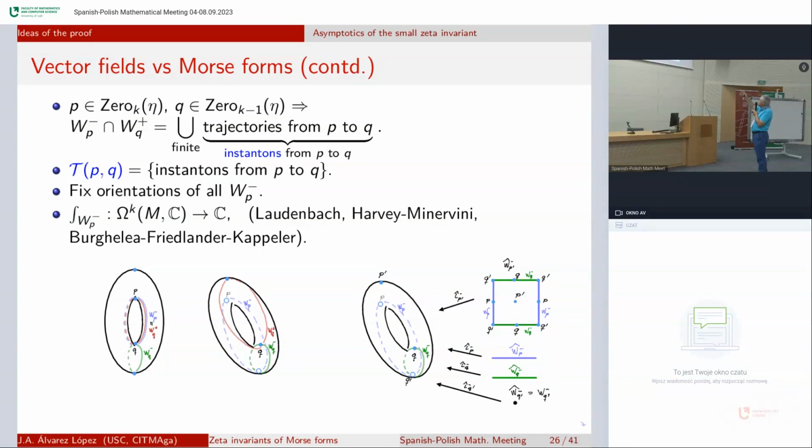So integration on the unstable submanifold is the same as lifting the form to the manifold with corners, and taking integration on this compact manifold with corners.